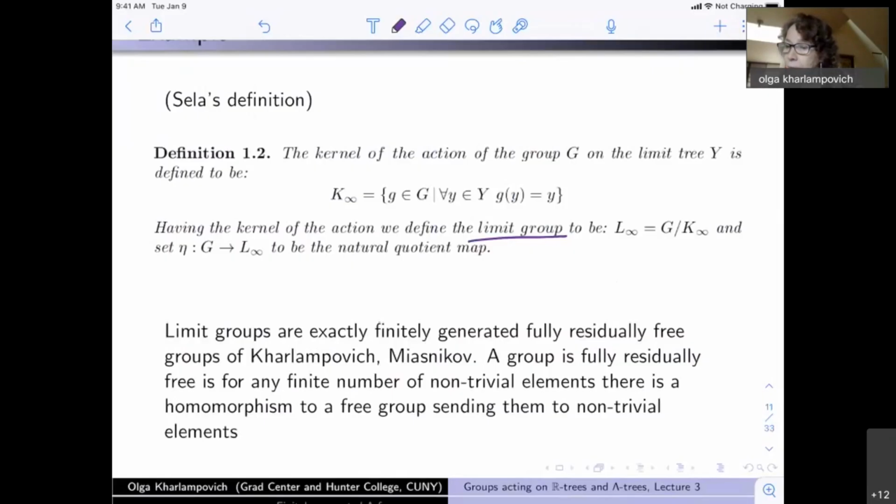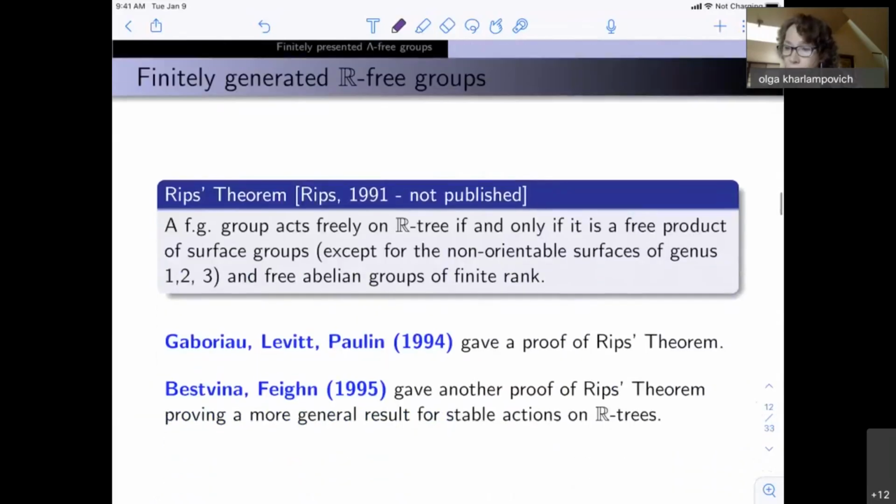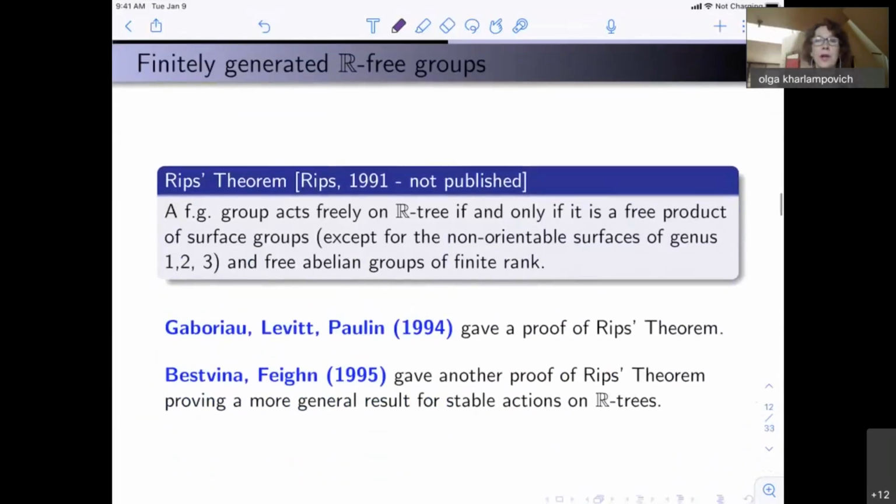Okay, so now what is known about R-free groups? Groups acting freely on R3s, I will call them R-free groups. They were completely described in the case when they act freely, so when the stabilizer of every point is trivial, for finitely generated groups.